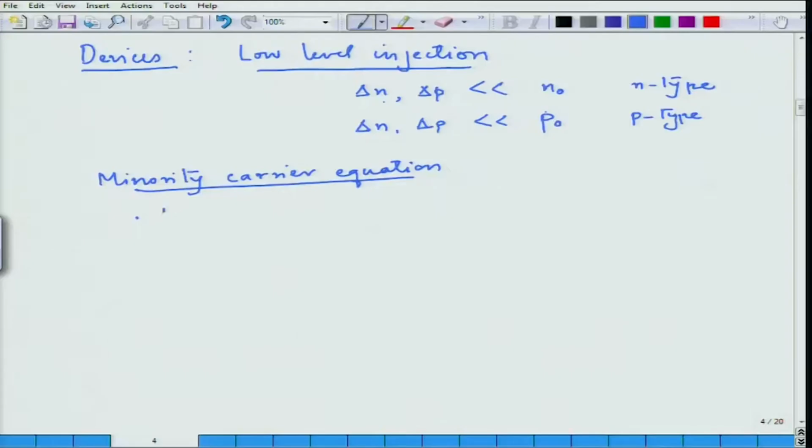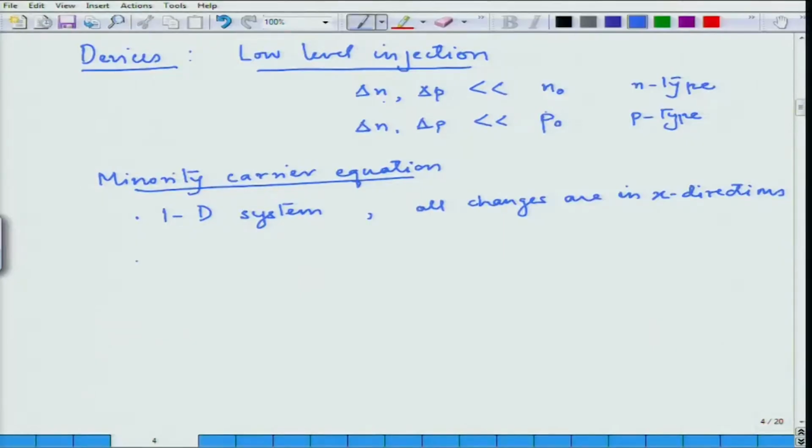First of that is, again we will assume a one dimensional system, which basically says that all our carrier concentrations are changing only in the x dimension. So, all changes are in the x direction, and in other directions things are relatively constant.